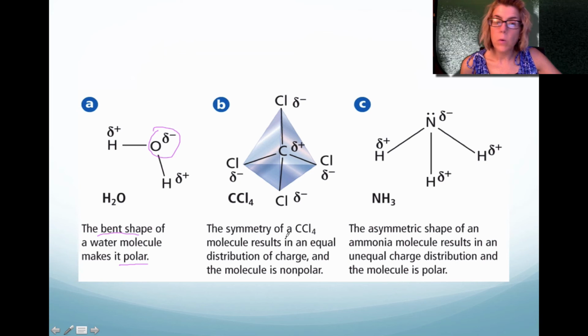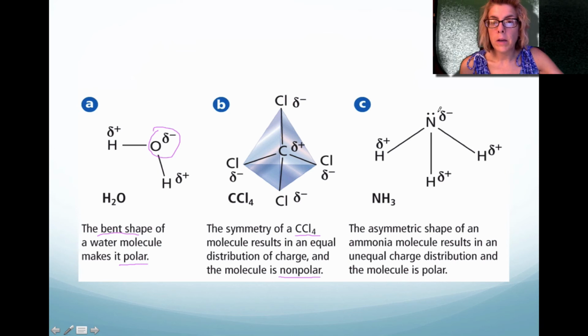Now here we have something totally different. We have carbon tetrachloride, and even though chlorine is negative, the chlorines are equally pulling on that single carbon, and as a result there's an equal pull, and we see an overall nonpolar charge.